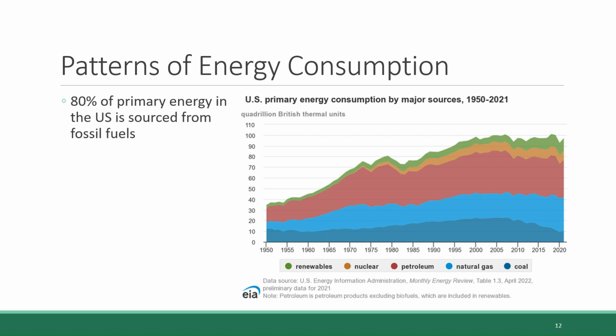Everything else, the red being petroleum, which is oil, the light blue being natural gas, and the dark blue being coal, is all fossil fuels. You can see how coal has tapered off in recent decades, but it has pretty much just been replaced by natural gas.